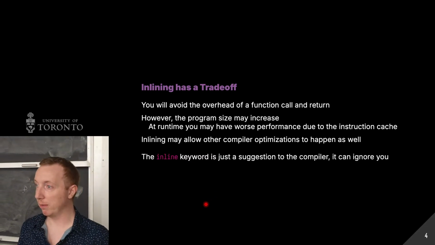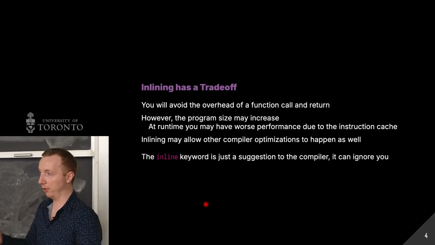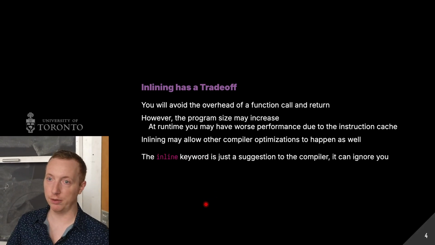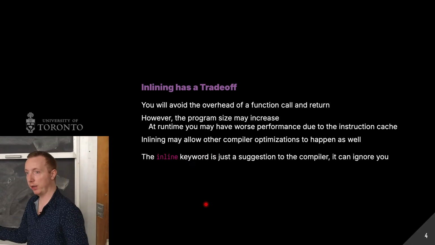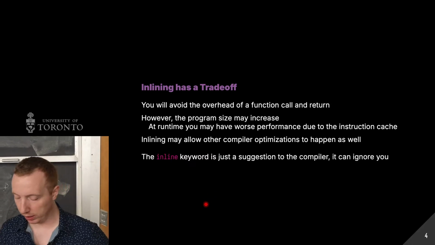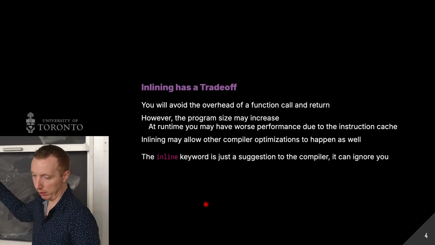At runtime, I might actually have worse performance due to the instruction cache. Instead of just having a function whose instructions I can reuse over and over again, I'm generating new instructions for every single call site, and it might be really, really big. So I might actually get worse performance with this and a bigger executable.